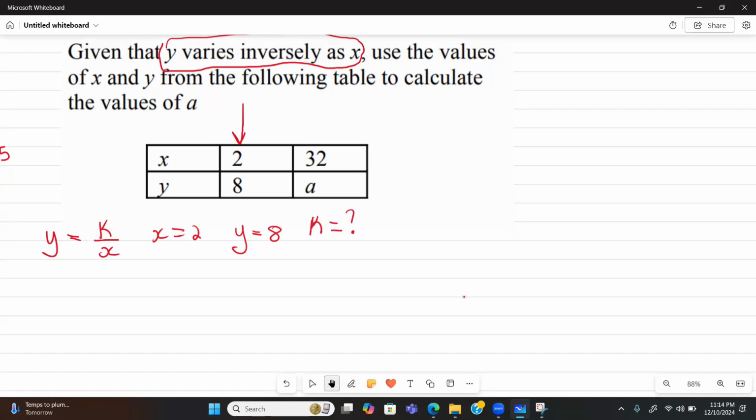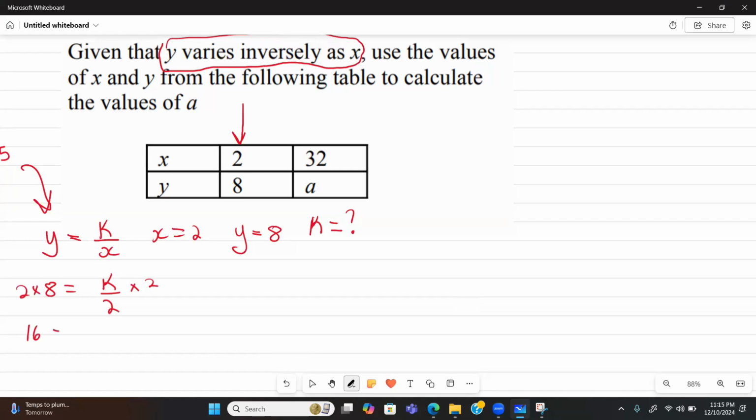We're going to substitute 2 for x and 8 for y in this same equation here. So let us do it. y, which is 8, is equal to k, we don't know, over x. What we're going to do is multiply both sides by 2.